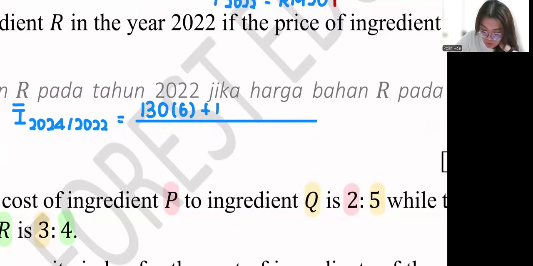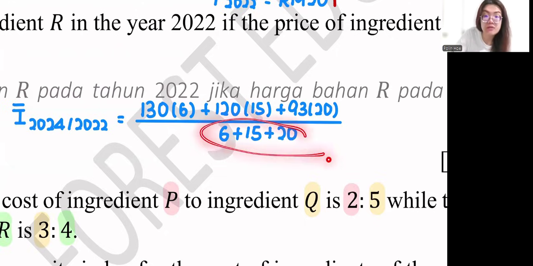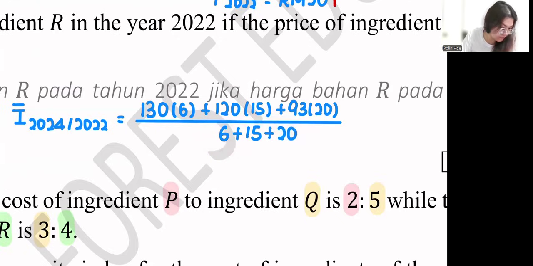Q 120, the weightage is 15. R the I is 93, the weightage is 20. My dear students, be careful on the bottom part. Summation of W, you cannot use your brain, you cannot use your mind to calculate 6 plus 15 plus 20. 不可以, you cannot straight away write. You need to write this. You need to show 这一个 but not your calculator give you everything. Okay?